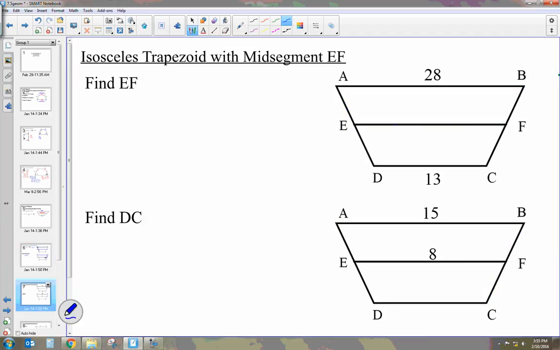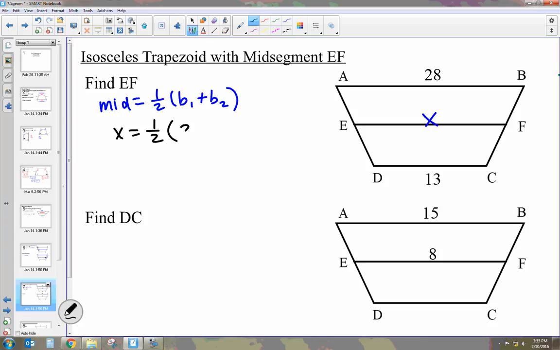Next up, we're looking at the midsegment. We're finding the midsegment, so it says find EF. Wherever we're finding something, we can put an x. And we're going to write down the midsegment formula. The midsegment is equal to 1/2 times base 1 plus base 2. We're going to just fill in and solve. So the midsegment is our x.